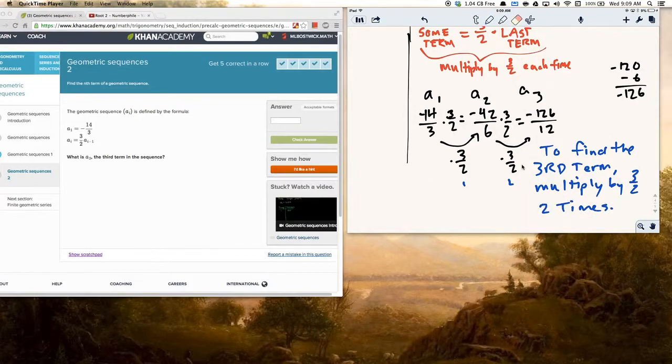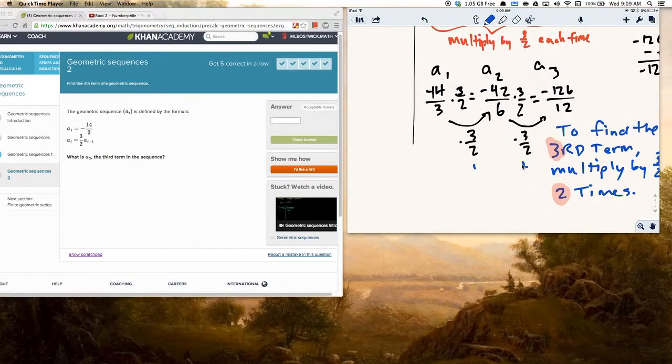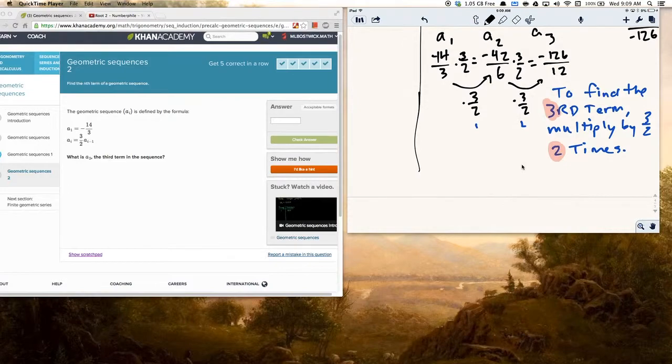And the most important part of what I've written down here is to find the third term you have to multiply 2 times. And so the big idea that is lying underneath this is that we can shortcut this whole process in the following way.